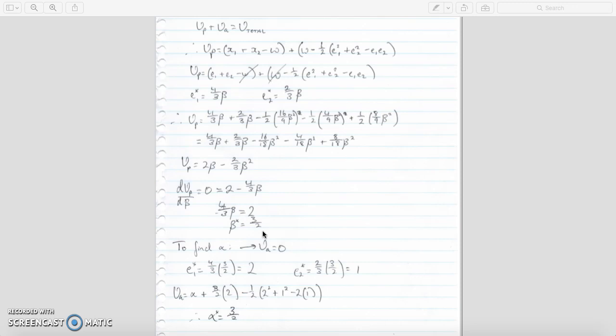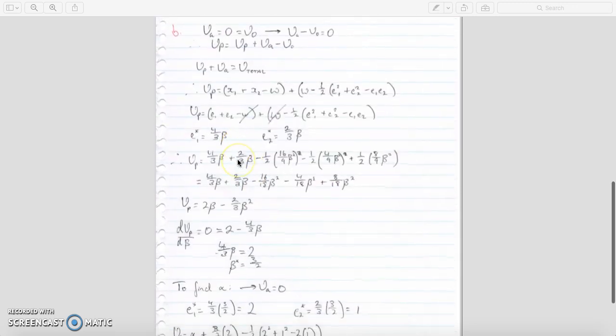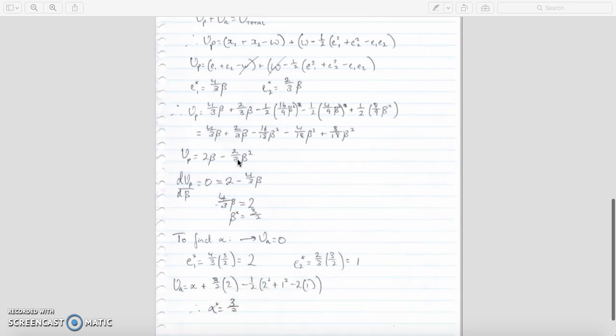Now, as I said at the start, in this part B, the agent needs to be at least indifferent between choosing his utility and choosing his outside option. So we need alpha to have an amount which creates this level of indifference for the agent.